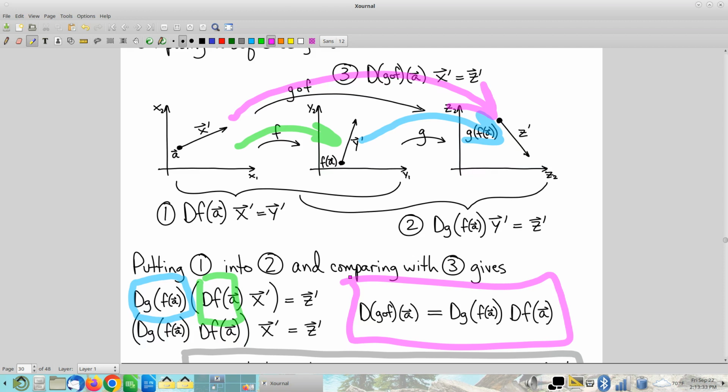And now I'm comparing to equation 3 up here that says the derivative of the composition is what you multiply by x prime to get z prime. So the derivative of the composition and this product of individual derivatives are both things that you multiply to turn x prime into z prime. And so therefore they must be the same. They do the same things, therefore they must be the same thing. Is everybody happy with that?